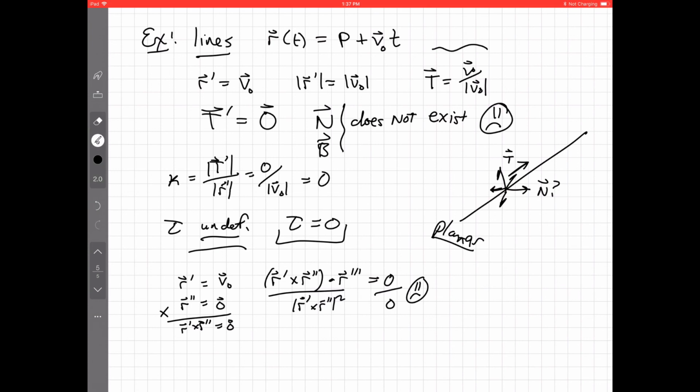If curvature hits 0, then you're not going to be able to define the normal at that point. So if you take, for instance, say sine or something like that, there will be points on sine, anytime we have an inflection point, where curvature will hit 0.